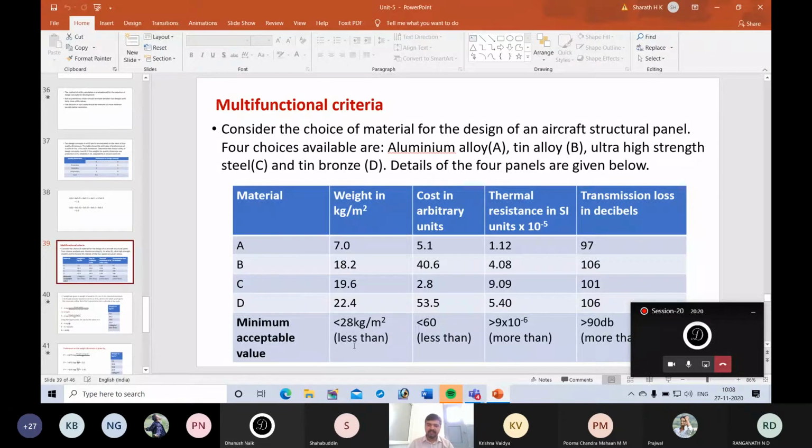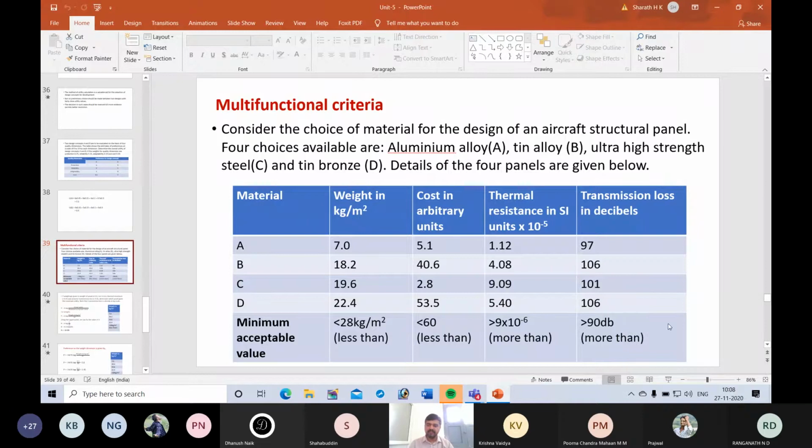Then again, there are minimum acceptable values, that means there is a minimum acceptable value for each consideration or parameter. For weight, you cannot consider a material which weighs equal to or more than 28 kg per meter square.